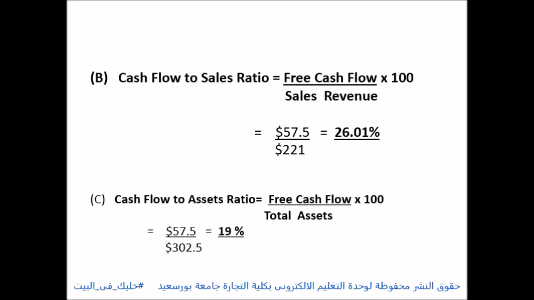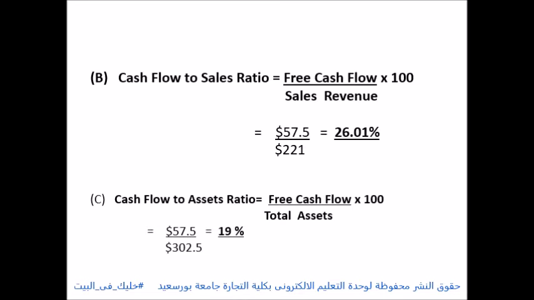Last equation is cash flow to assets ratio. Formula equals free cash flow in the numerator divided by total assets times 100. If you plug the figures in the equation, you are going to get a 19% result for cash flow to assets ratio. What does it mean?